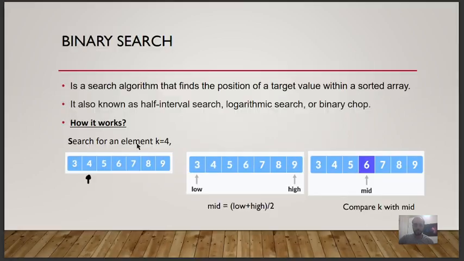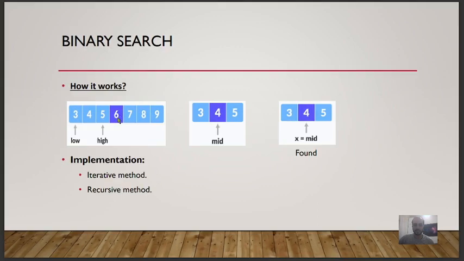Here we compared 4 with 6, and 6 is greater than 4. So we focus on the first partition of our array and change the value of high to be the middle minus 1.